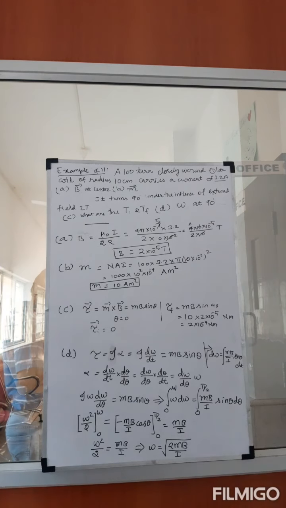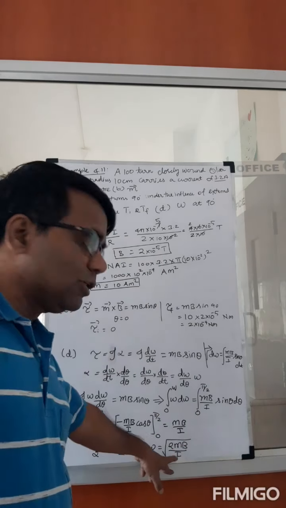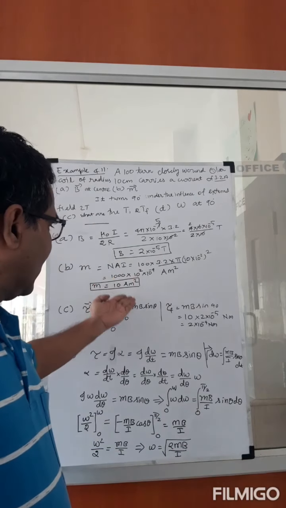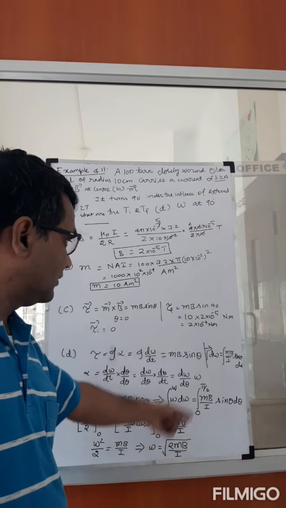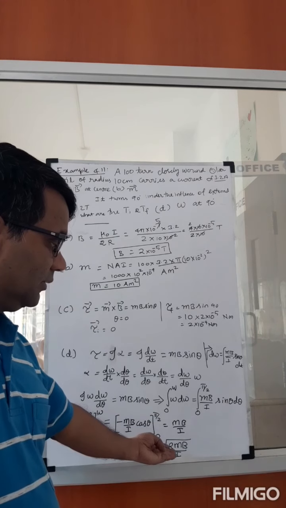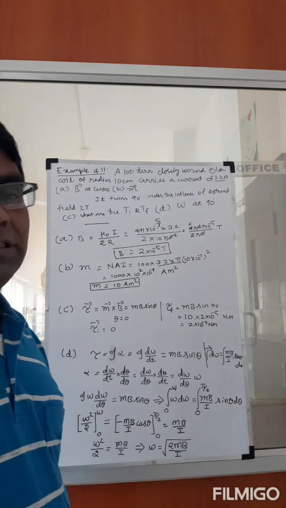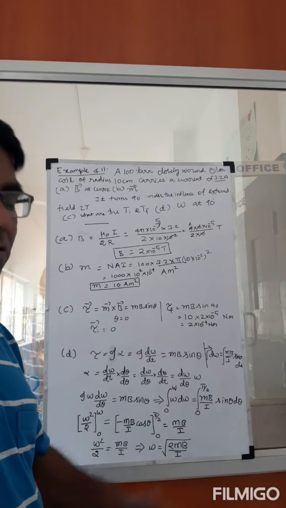So in the book, I is also given. M you calculated, B is there. This quantity mB is 2 × 10⁻⁴ meter. Then I think I is like 1 kilogram meter square, or 0.1 kilogram meter square, I don't know.